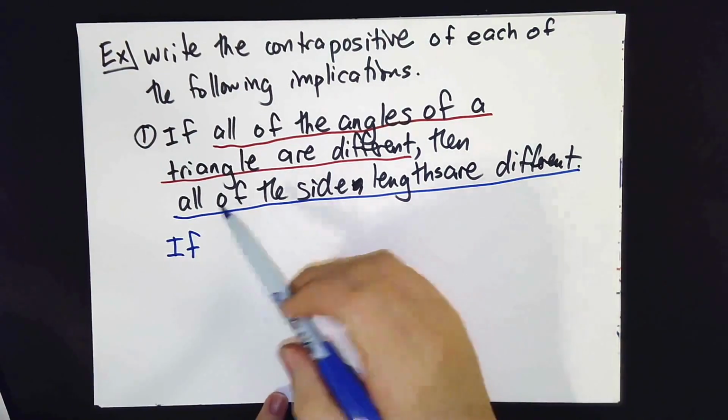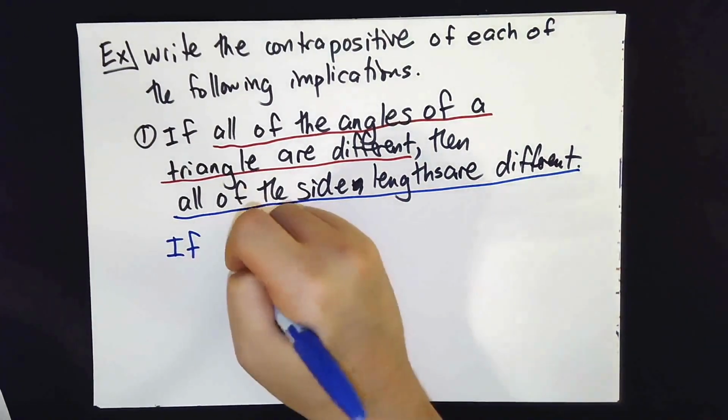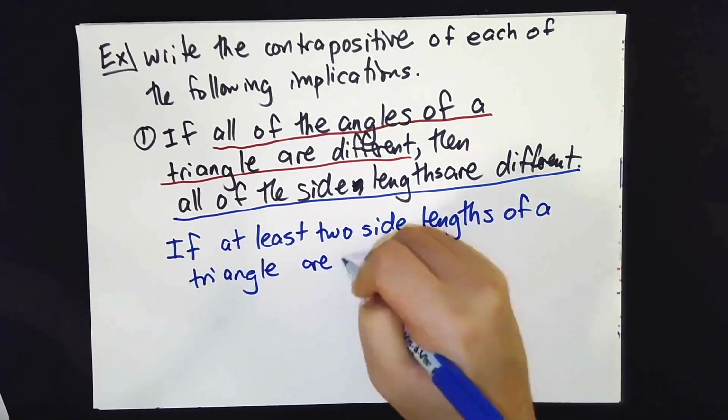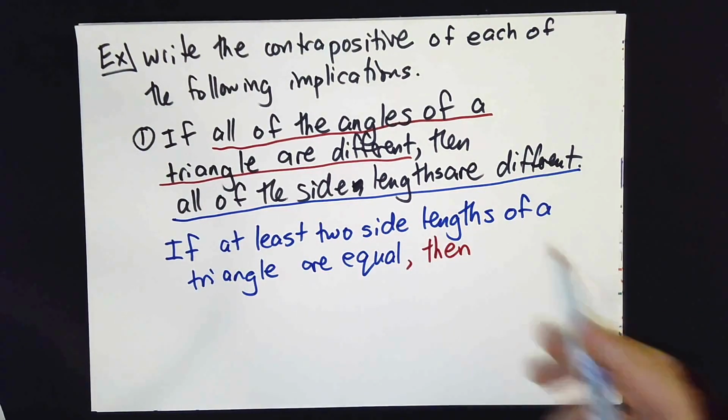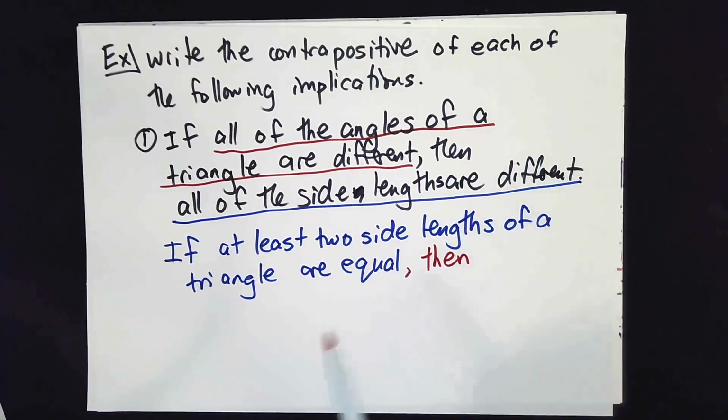I would say the negation of this is if at least two of the sides of the triangle are equal. But if you preferred, you could, for example, say if the triangle was isosceles or equilateral. So, in other words, the negation of all the side lengths are different could also be written as the triangle is isosceles or equilateral. So I write down the negation of this piece, followed by the negation of this piece.